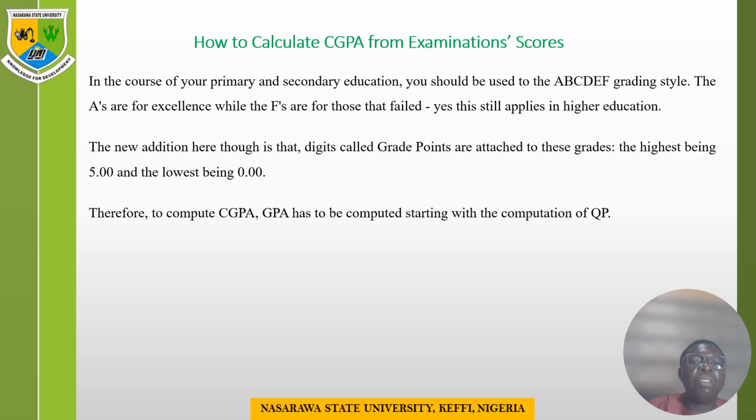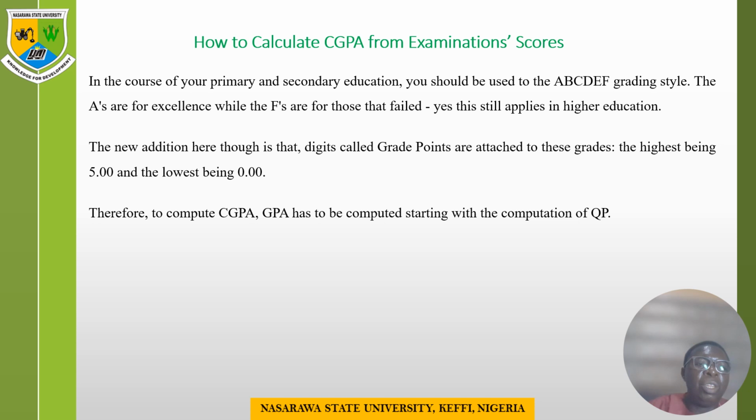How to calculate CGPA from examination score? In the course of your primary and secondary education, you should be used to the A, B, C, D, E, F grading style. The A's are for excellent, while the F's are for those that fail. Yes, this still applies in higher education like the National State University.